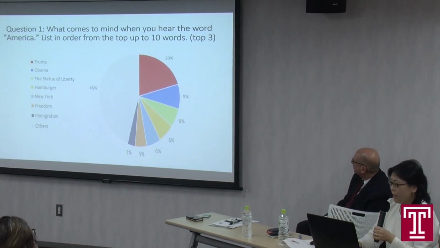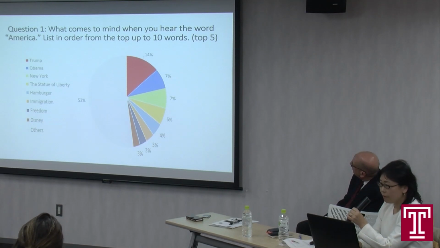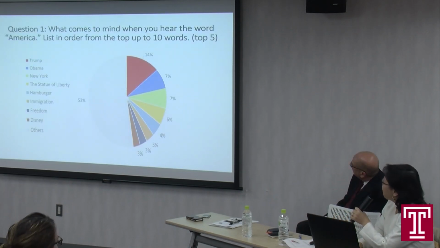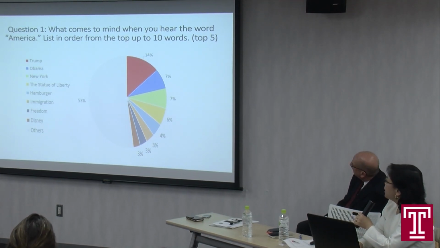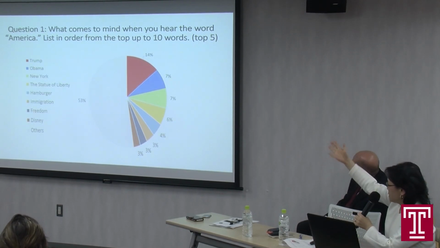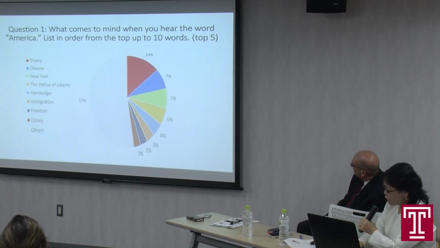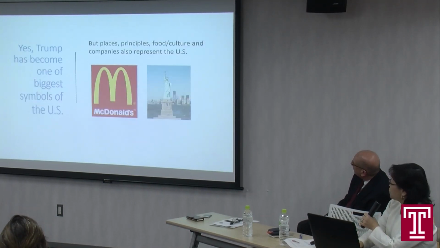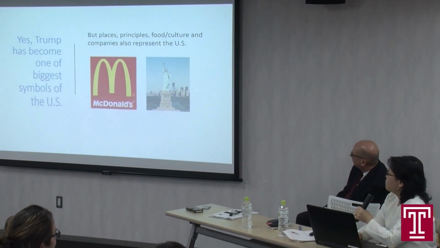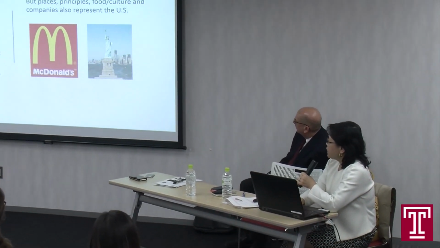If you compare among the top five answers, the share of other answers goes up. We still have hamburger, immigration, Statue of Liberty, New York, followed by Mr. Trump and Obama, but the number of other entries goes up. So yes, Mr. Trump has become one of the biggest symbols of the United States, but places, principles, historical sites, food, culture, and companies like Amazon.com or McDonald's also represent the US.